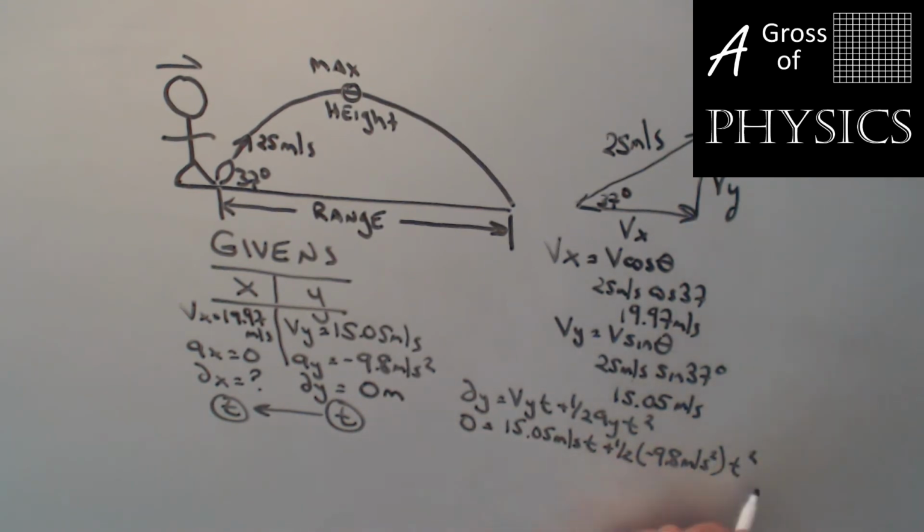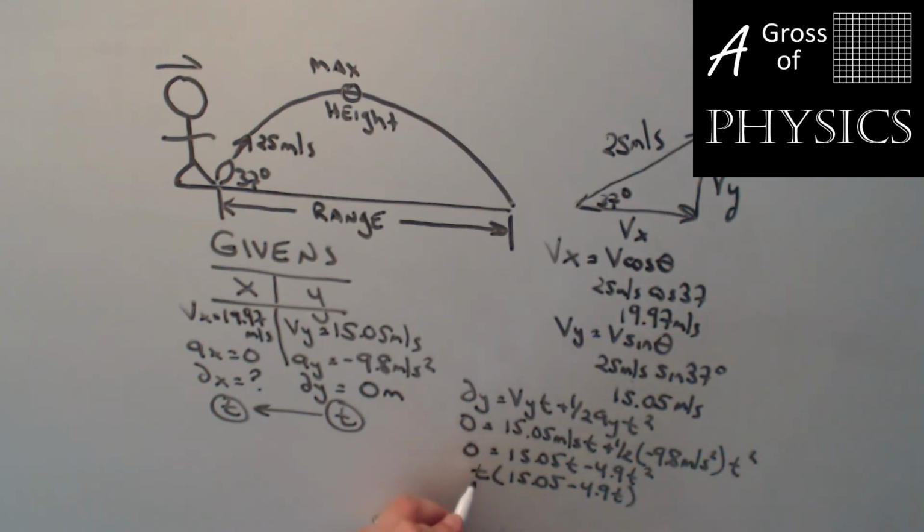Now in this case we have two t's, so it's a little more complex. However, if we simplify it, 15.05 t minus 4.9 t squared, we'll see that every term has a t in it. So what we can do is factor a t and make it t times (15.05 minus 4.9 t).